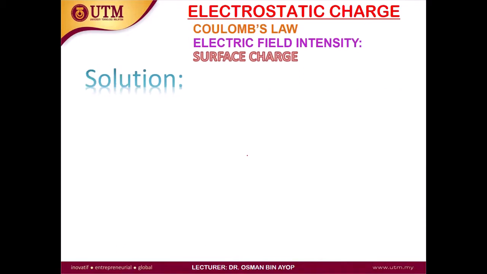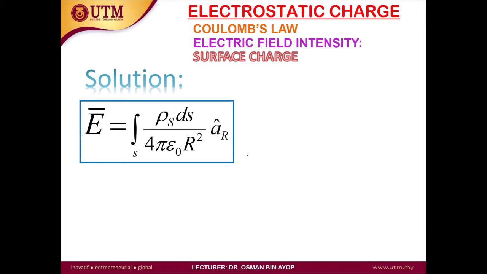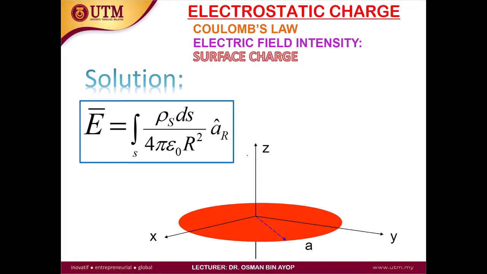So to solve this, we have to write the general expression for electric field intensity. Next, we have to take a sample charge. Let's say I take this at this point, the blue color.